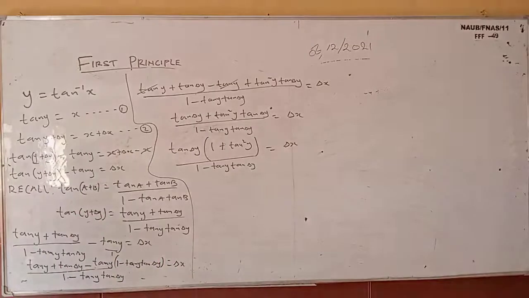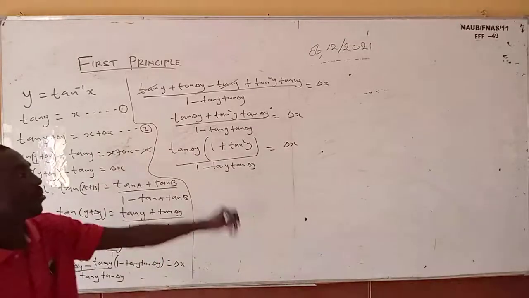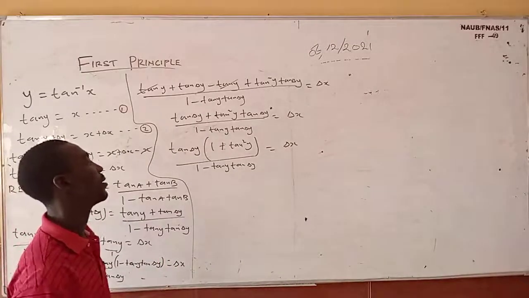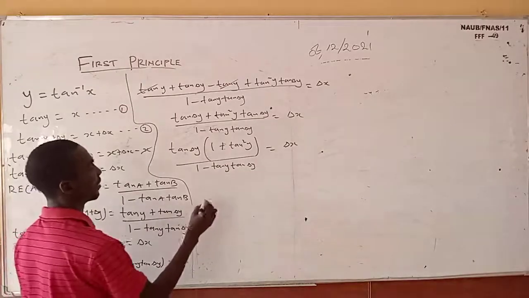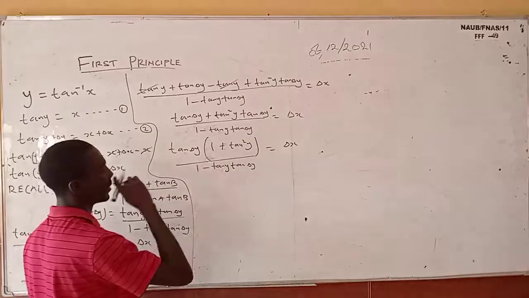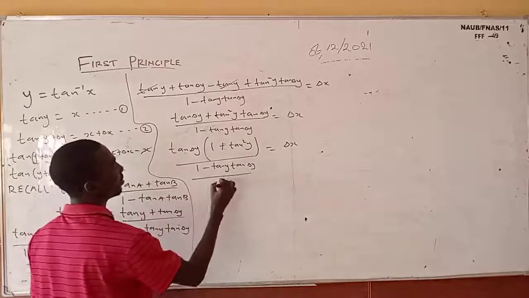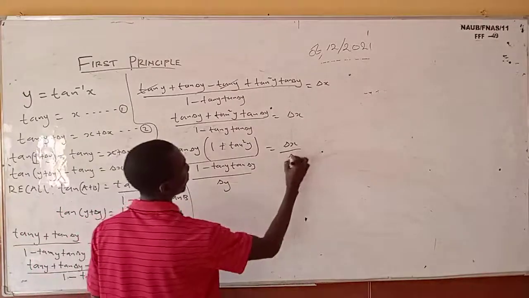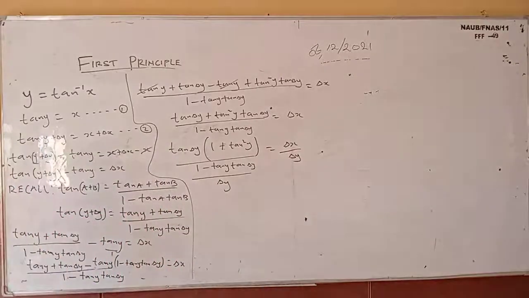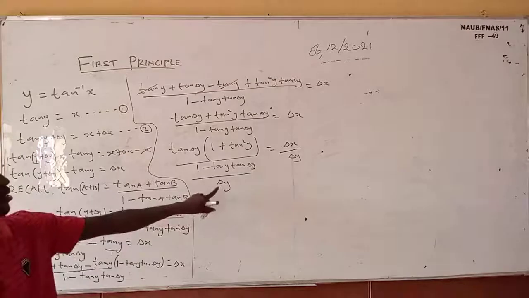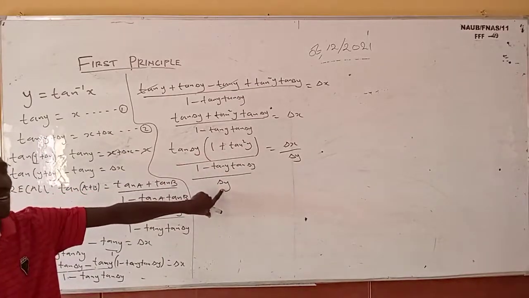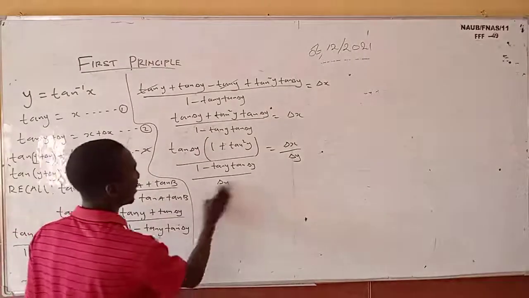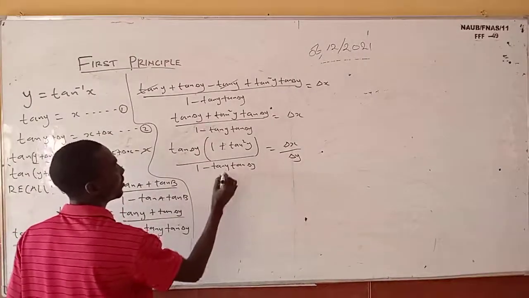So now the next thing is to divide both sides by change in y. If I divide both sides by change in y, I'm going to have this as change in y, and everything here divided by change in y. So I can also write this.